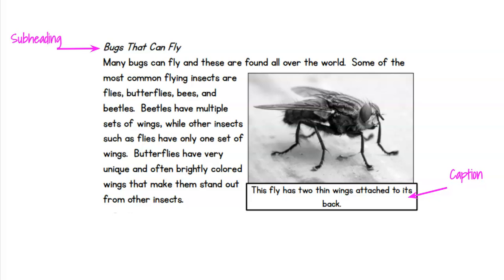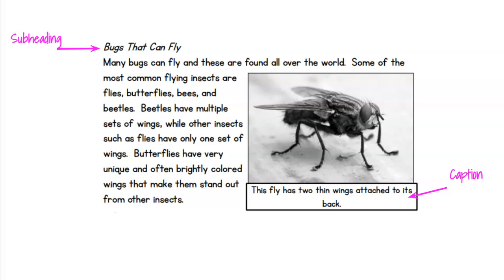Next, this next paragraph is titled "Bugs That Can Fly." Many bugs can fly, and these are found all over the world. Some of the most common flying insects are flies, butterflies, bees, and beetles. Beetles have multiple sets of wings, while other insects, such as flies, have only one set of wings.